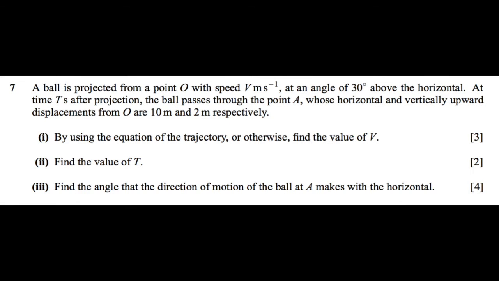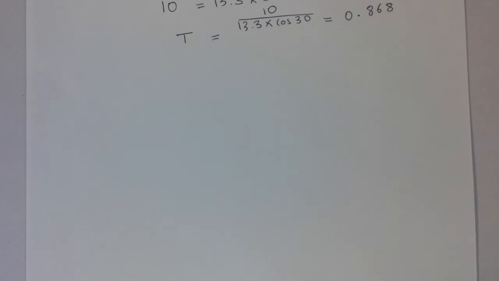The third part of the question: find the angle that the direction of motion of ball at A makes with the horizontal. In order to solve the third part, we first need to find the horizontal component of velocity and the vertical component of velocity.